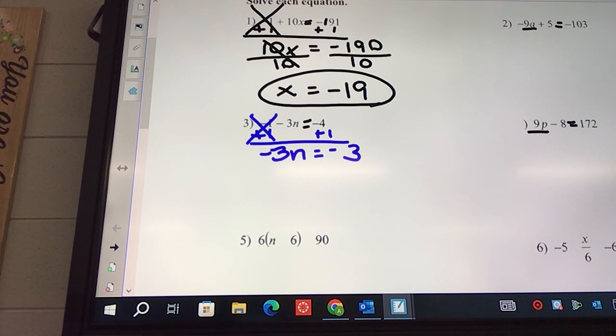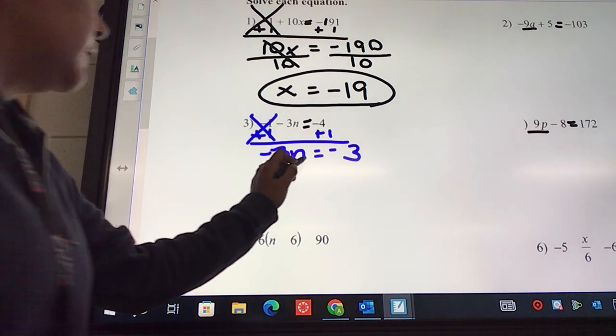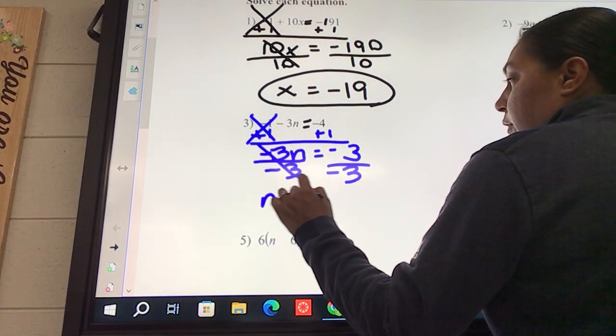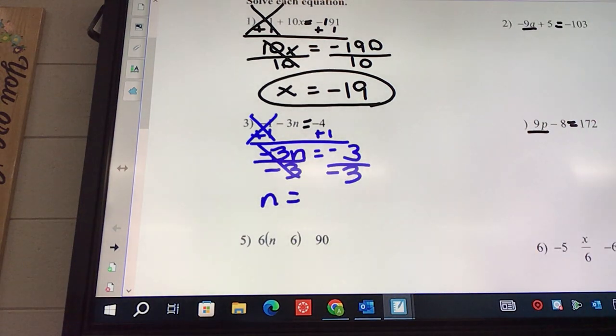And then what needs done? Divide by negative 3. So we got n equals, what is negative 3 divided by negative 3? 1.